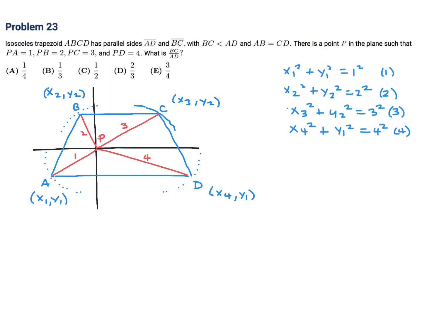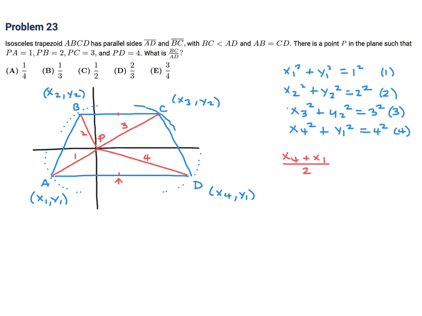All right, now one more thing is that since this is an isosceles trapezoid, if we were to take the midpoints of BC and AD, they would be the same. So if this is approximately the midpoint right here, and we took the midpoint of AD, they would essentially have the same x-coordinate. So midpoint formula, you can easily do x4 plus x1 divided by 2. That's going to give you this guy right here.